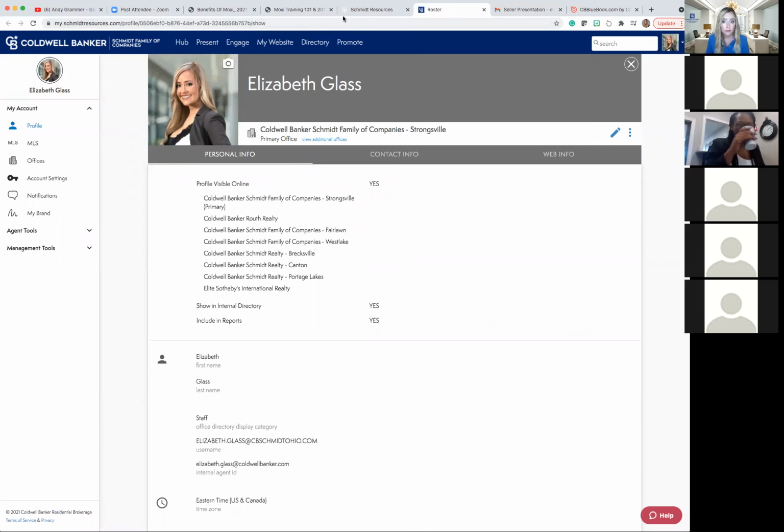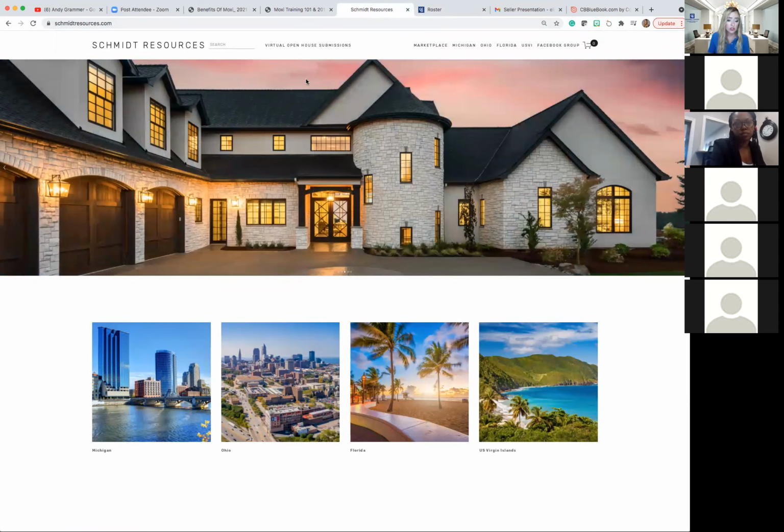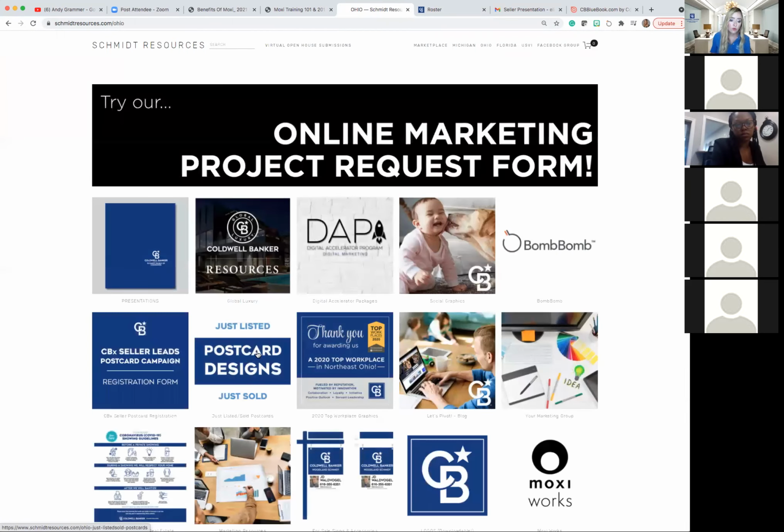If you are already in schmidtresources.com, which you're used to hearing, you would log in to your state. So you can see here that we have it separated by region. If you click on your individual region, each and every one of those has a square right inside that says Moxi Works.